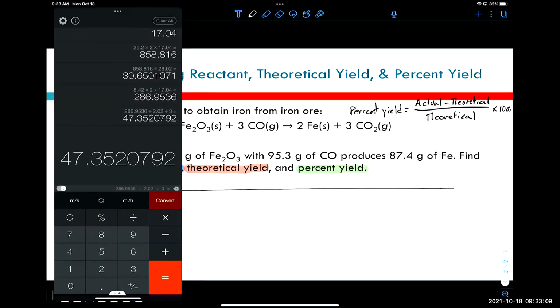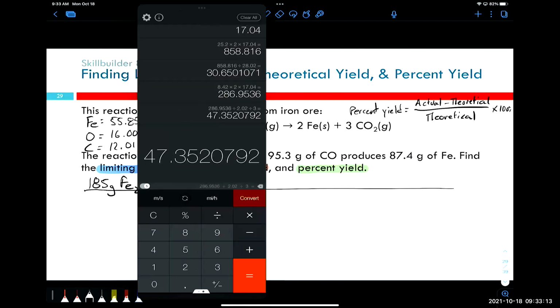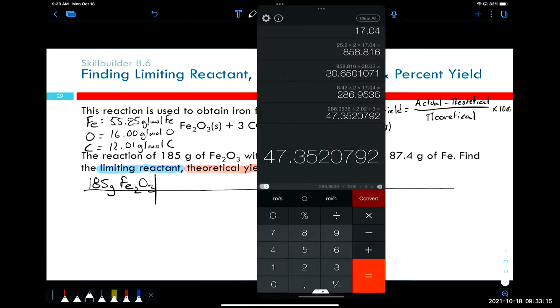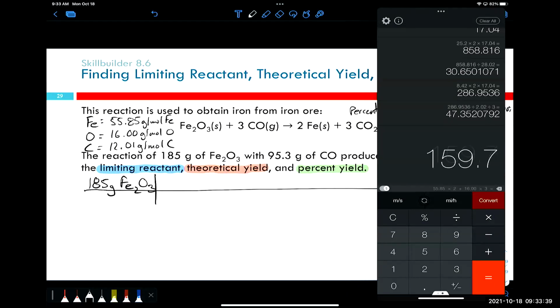So our molecular mass of iron oxide, because our first step is we want to go from grams to moles. It's the first side of our Graham-Witch. We're going to do 55.85 times 2, because there are 2 iron atoms in our iron oxide, and then plus 16.00 times 3, because we have 3 oxygen atoms in iron oxide.